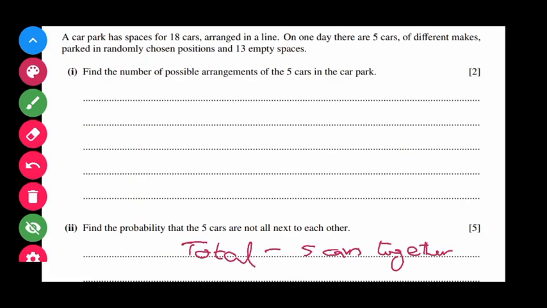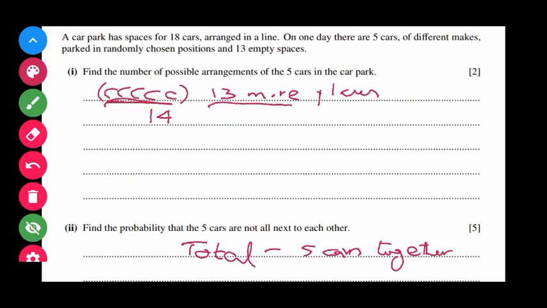5 cars together. So 5 cars are together and there are 13 more places. That means we can find totally 14 places, because there are 13 places here and for these 5 cars, 1 place.